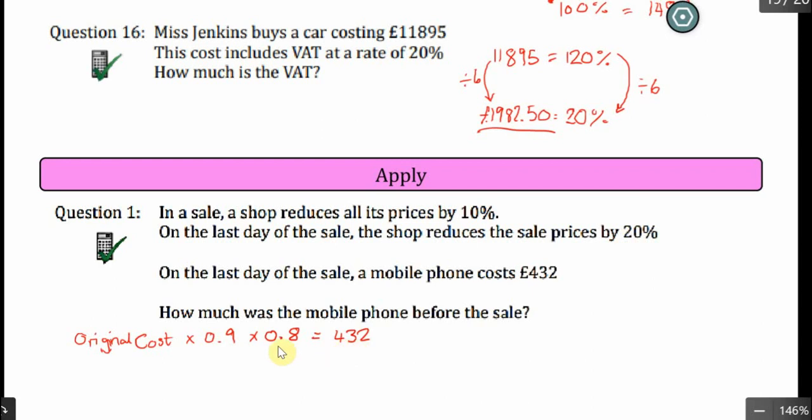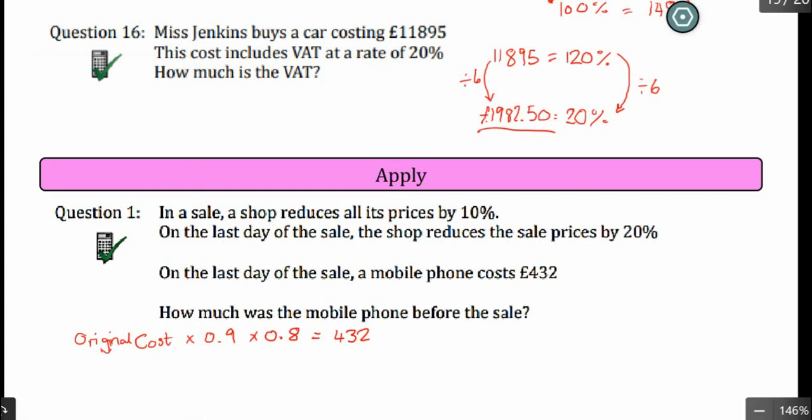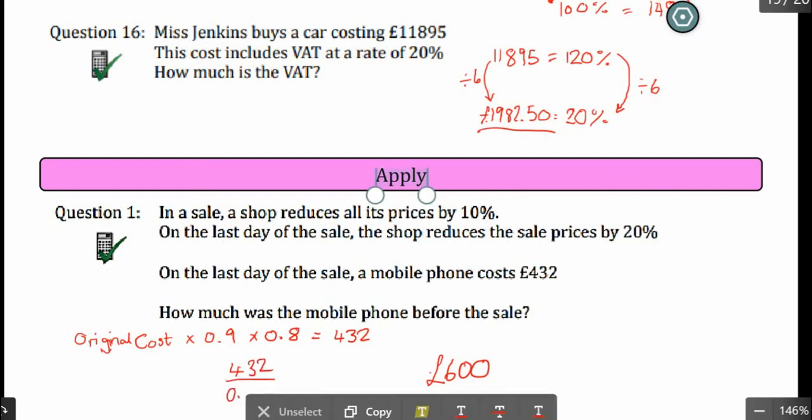We're going to divide by 0.8 and divide by 0.9, and we'll get the original cost. So divided by 0.8 gives us 540. Divide that by 0.9 gives us £600. And we could have divided by the product of those things if we'd have worked that out. And that would have given us the same answer.